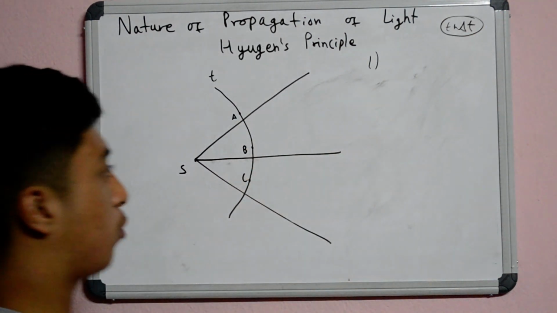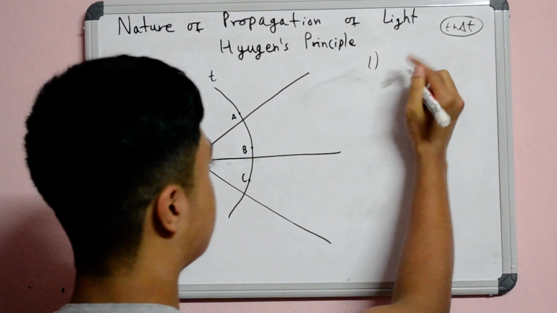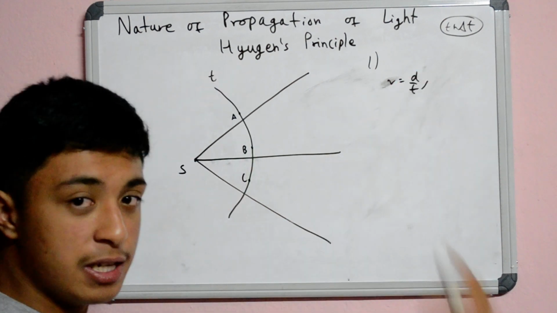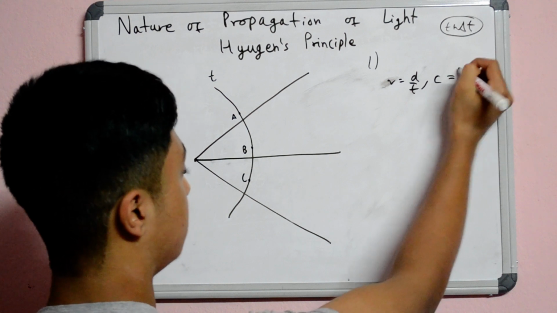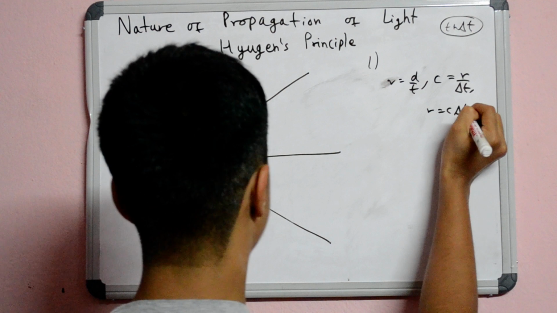Then the radius they will acquire is, well, we know that velocity equals distance by time. So here velocity in air or vacuum is c, the speed of light, equal to r by delta t, giving us r equals c delta t.